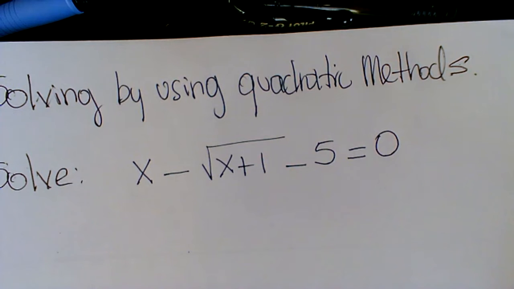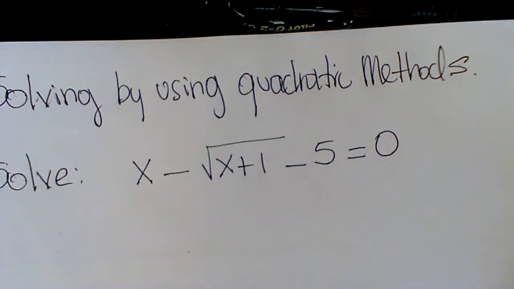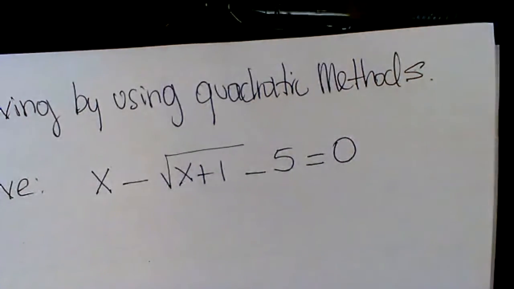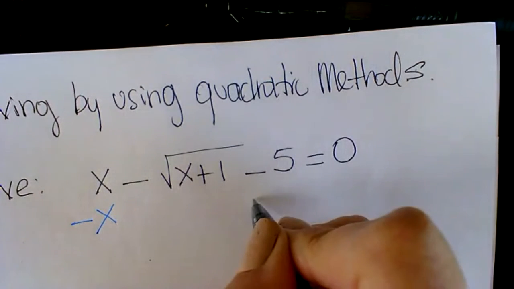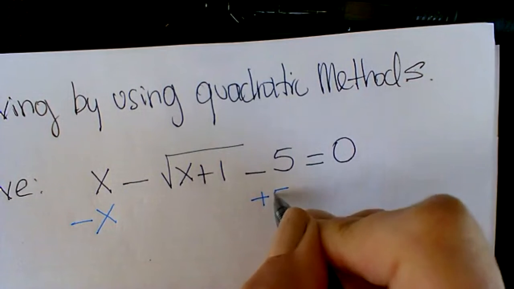And then we're going to square both sides of the equation. So give me a minute. Let's do that. We're going to move the, so let me do the subtract 5 and we're adding 5. There we go.